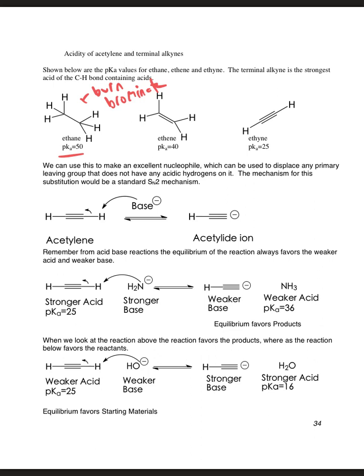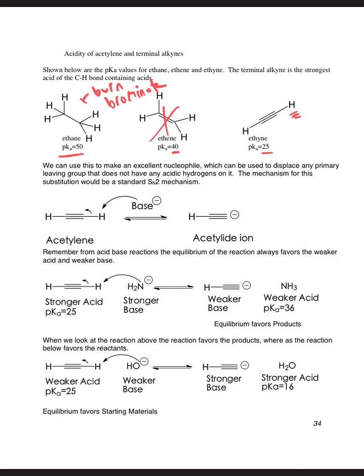Ethylene or ethene, either one, has a pKa in the upper 30s to about 40, so it's a little more acidic, but still you have 4 different hydrogens on that alkene. How are you going to get them to react differently? You can't. There's not much we can do with an alkene. An alkyne has a pKa of 25, and we can selectively take off 1 hydrogen over the other to make it nucleophilic.